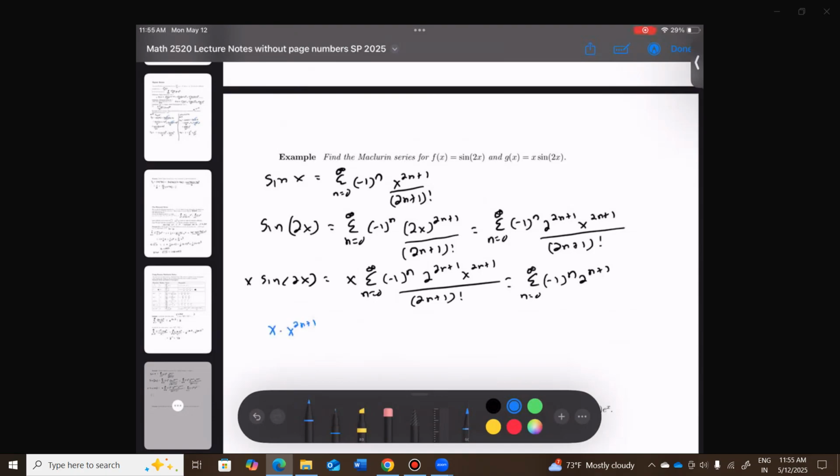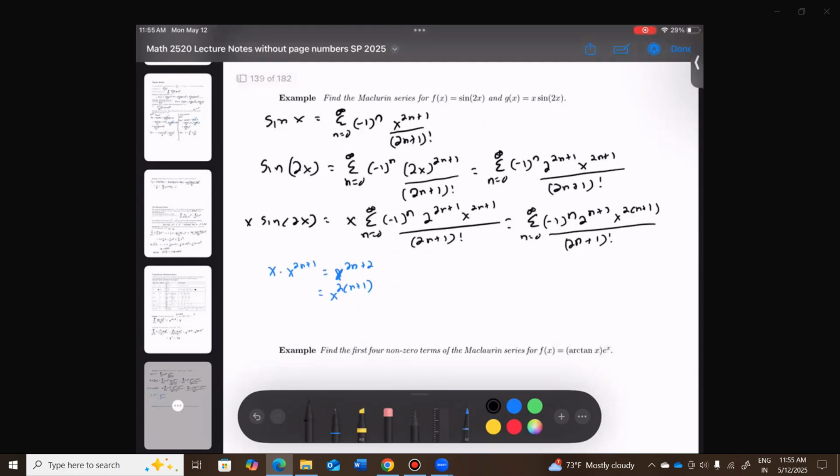And this will be basically x to the 2n plus 2, so that's what that's going to be at the top, over 2n plus 1 factorial. So the two answers we have: this is for sine of 2x, and then this is for x sine of 2x.